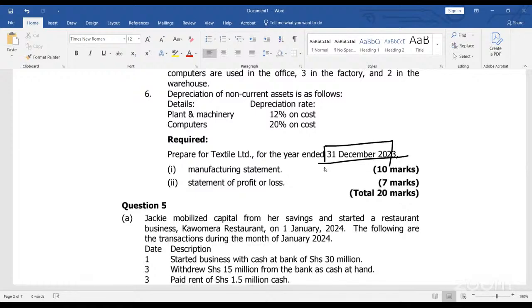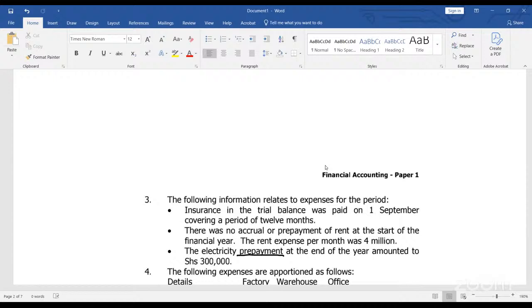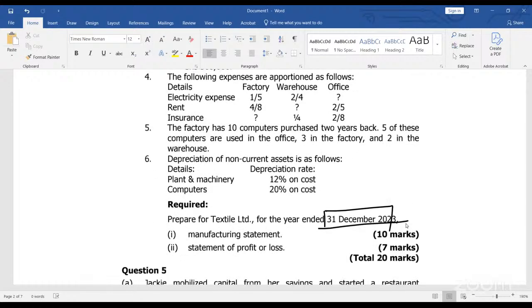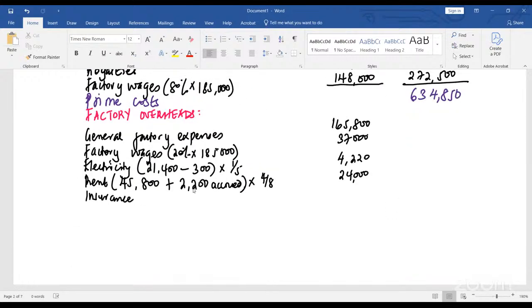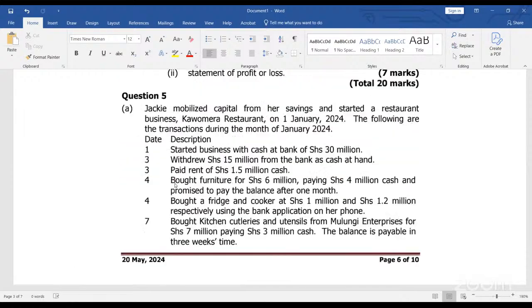So if you're making your payment for insurance starting on 1st September and it covers a period of 12 months, it means that there is likely to be a prepayment on insurance. Let us try to find out and see.